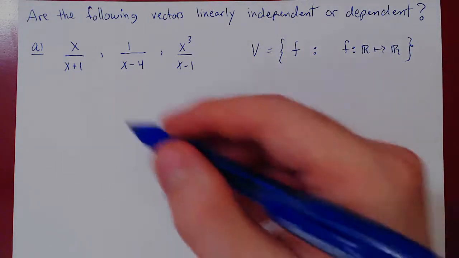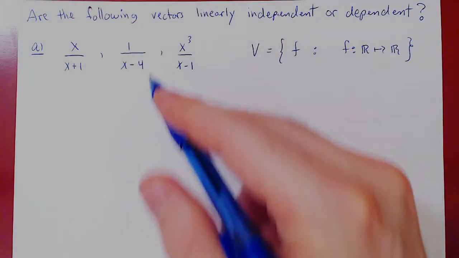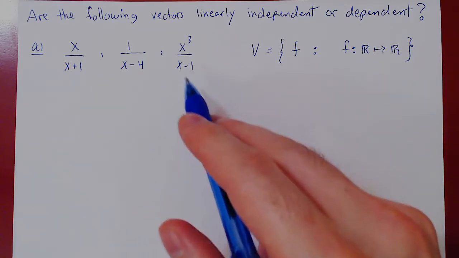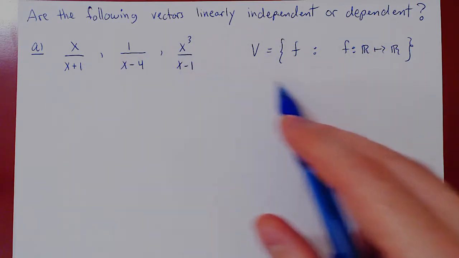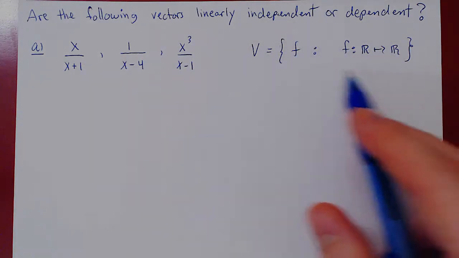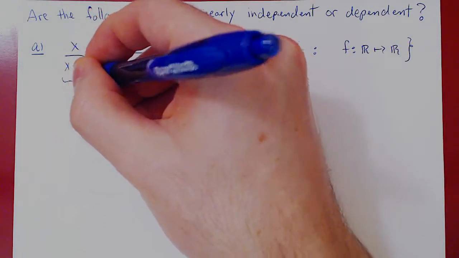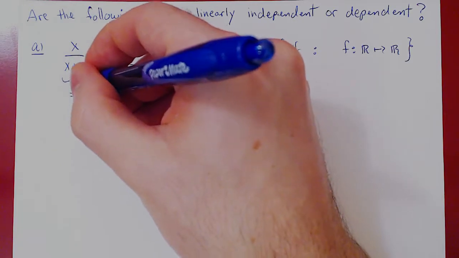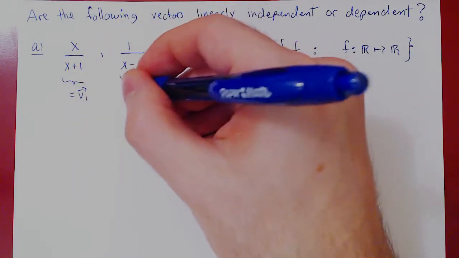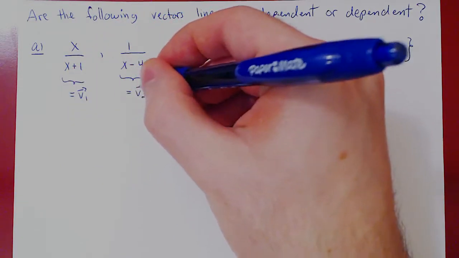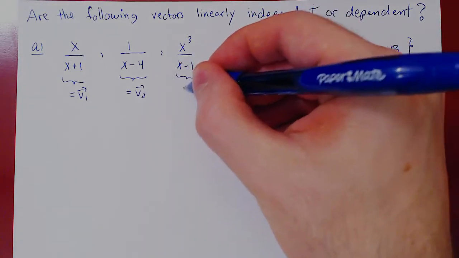And so we can think of these three rational functions as vectors because they are elements of the large vector space that contains all real functions. We could call this v1, the first vector, the first element of our vector space, then v2, and then v3.